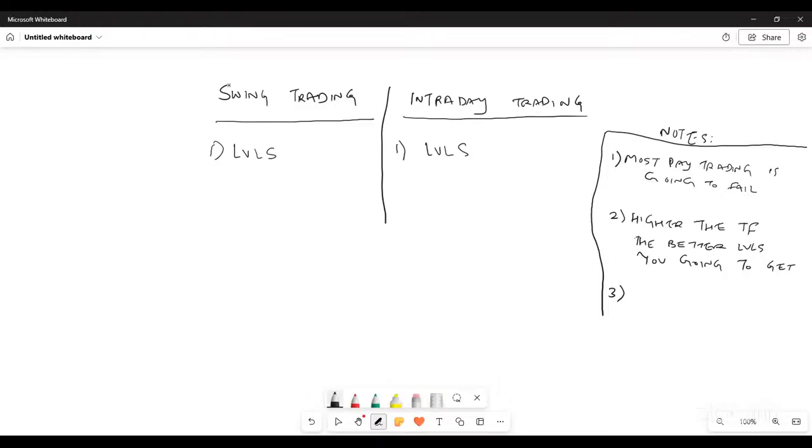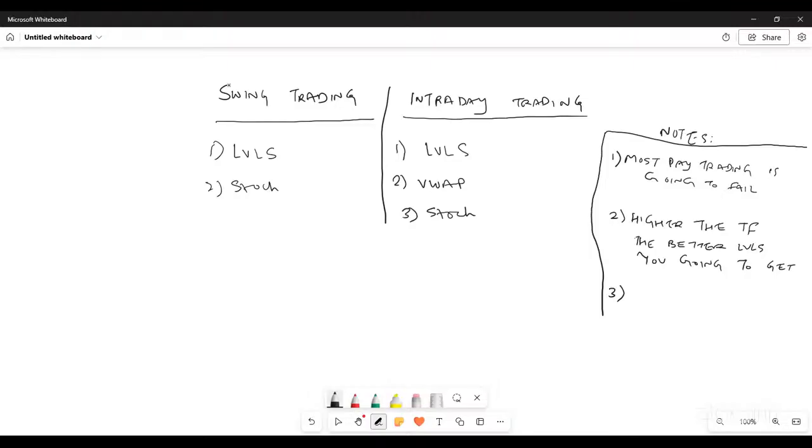But in my intraday trading, I'll use something else called VWAP. I'll also throw in Stoch, which I just use for confirmation, and it does work. I'll show you something.